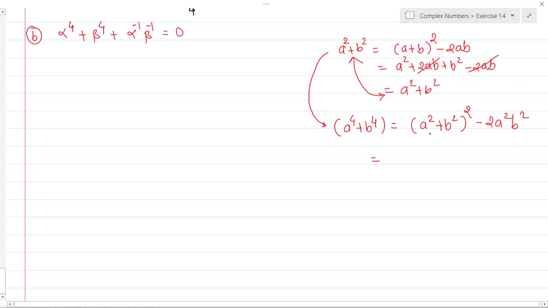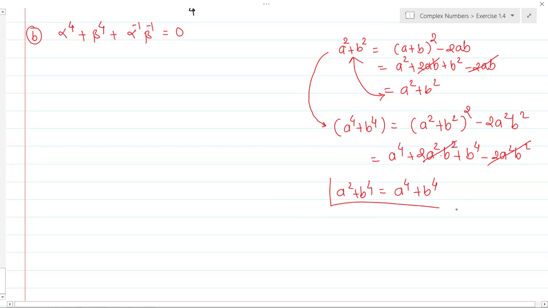See here, the square of the first term, which is a raised to power 4, plus 2 into first term into second term, plus the square of the second term, so b square's square is b to the power 4, minus 2a square b square. So minus 2a square b square plus 2a square b square cancel. I am getting a to the power 4 plus b to the power 4, which is nothing but the left hand side. Understood? This is the expansion we have.